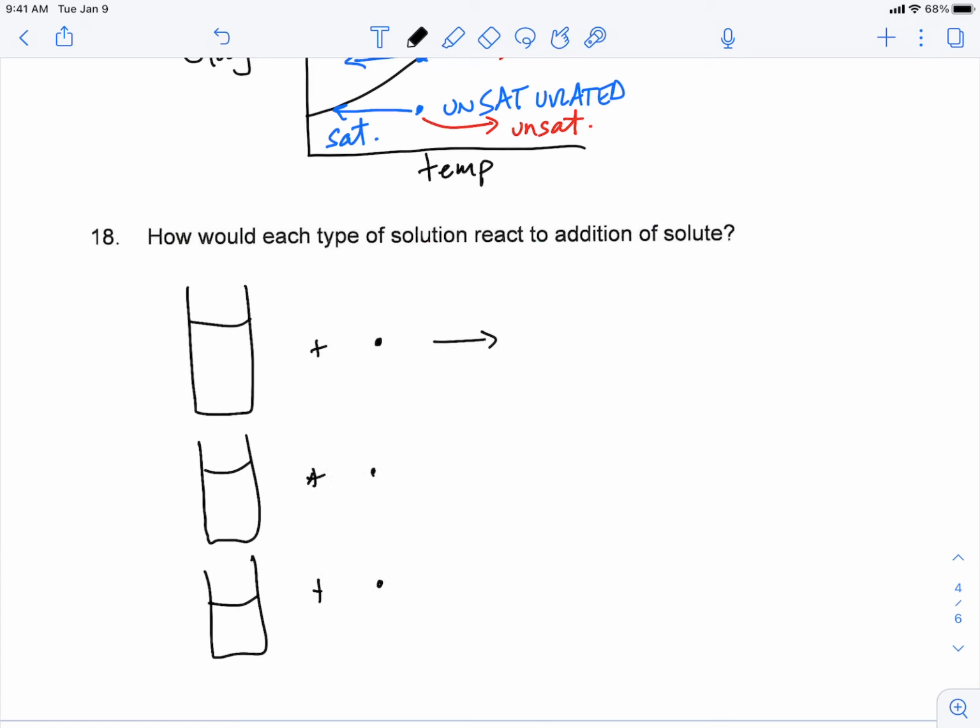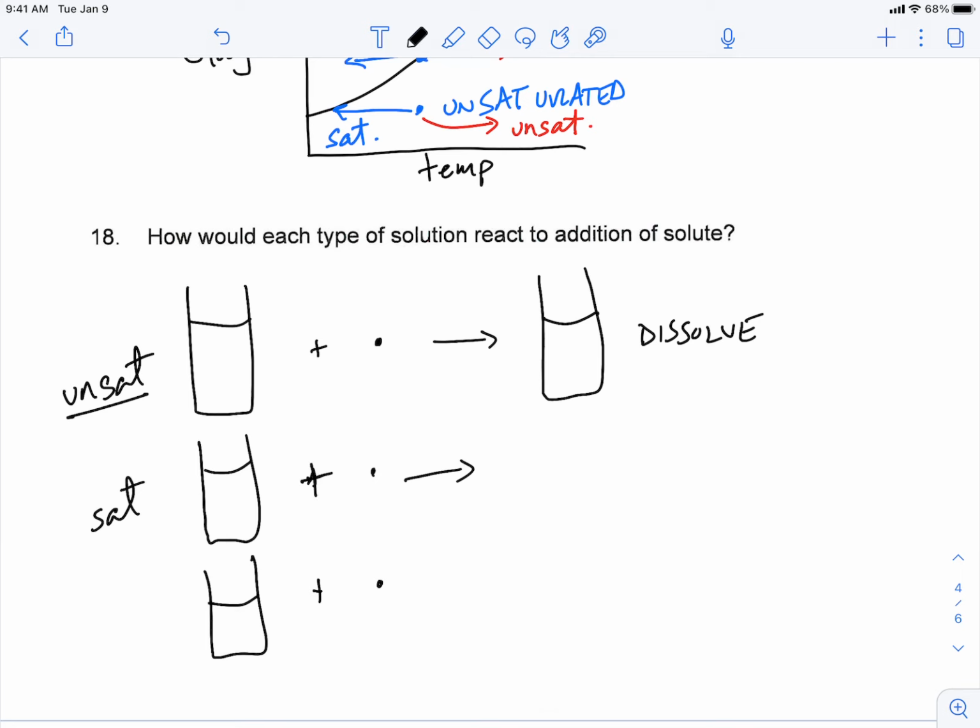Well, if we had an unsaturated solution, we would expect our crystal to just dissolve, because the idea about an unsaturated solution is that it can dissolve more. If I had a saturated solution and we add that one crystal, it is just going to sink to the bottom and it will not dissolve.